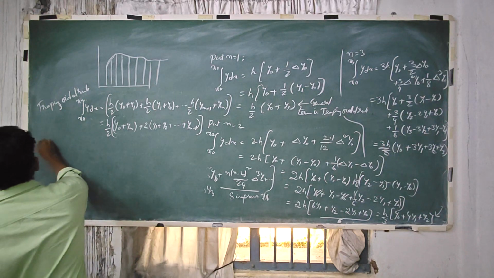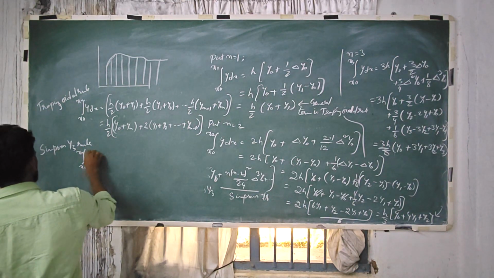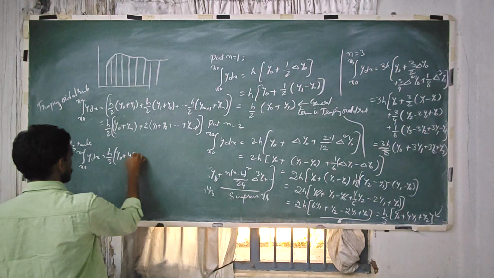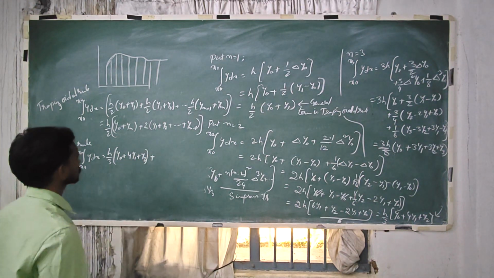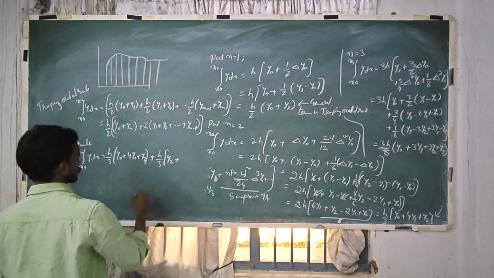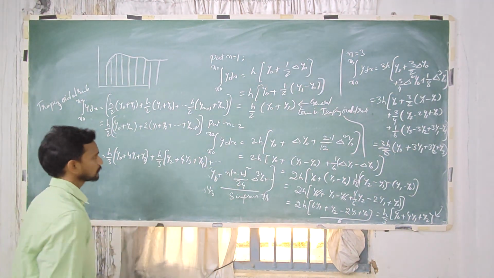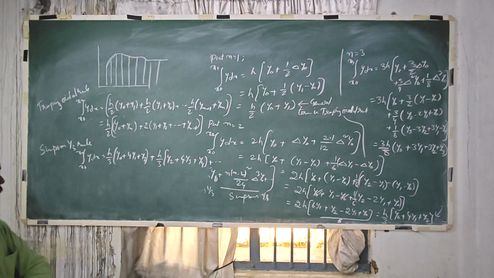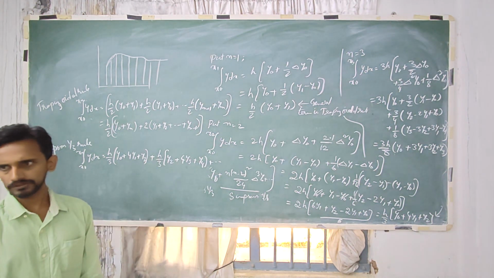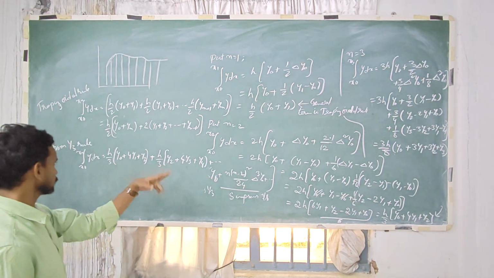And if you consider Simpson 1/3 rule, you have h by 3 times y0 plus 4y1 plus y2, plus h by 3 times y2 plus 4y3 plus y4, plus etc. So all odd terms will get a coefficient of 4 and all even terms will get a coefficient of 2, except for the first and last terms.